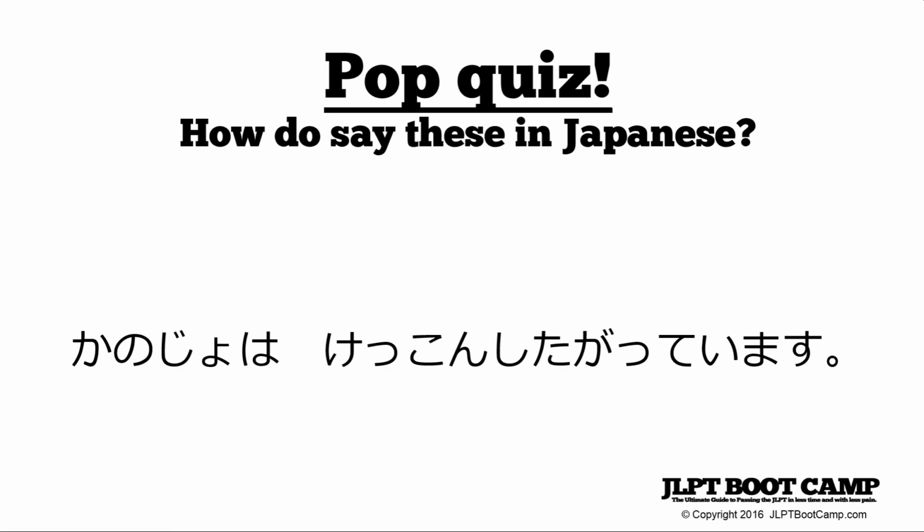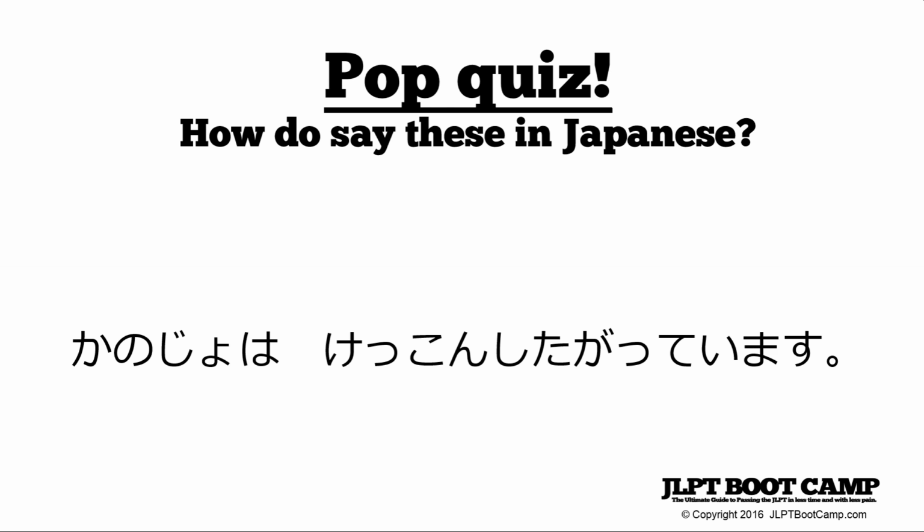So kanojo is she, wa is the topic marking particle, kekkon suru is to get married, and then changing that into the verb stem, shi, and then add tagatteimasu to talk about a third person, somebody else, what they want to do. So altogether it would be she wants to get married.